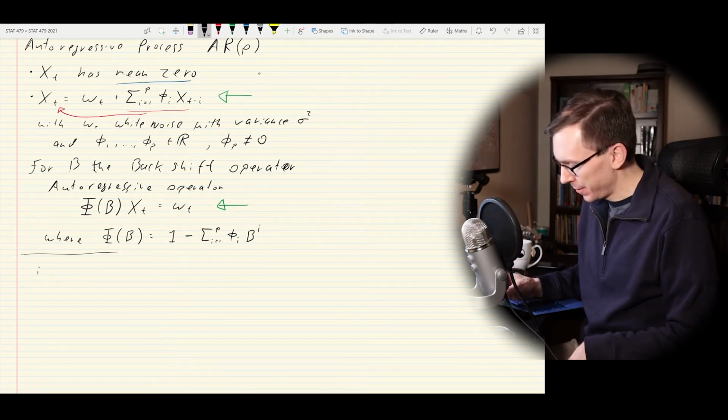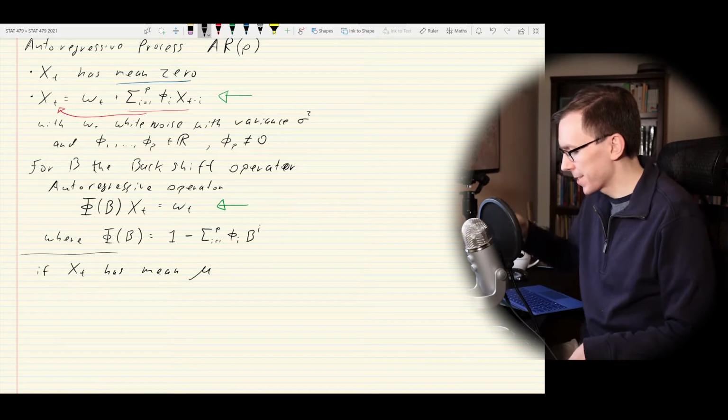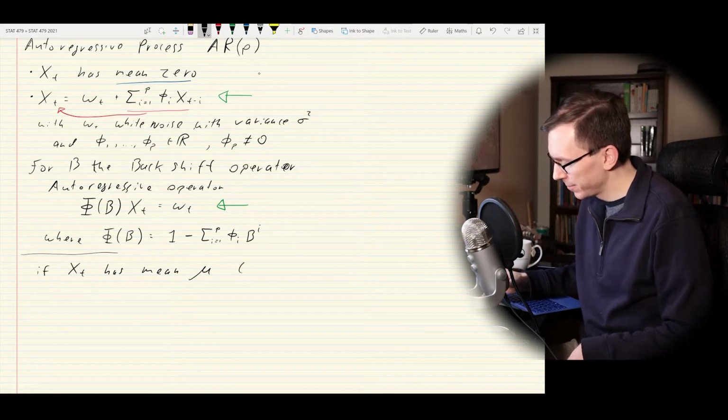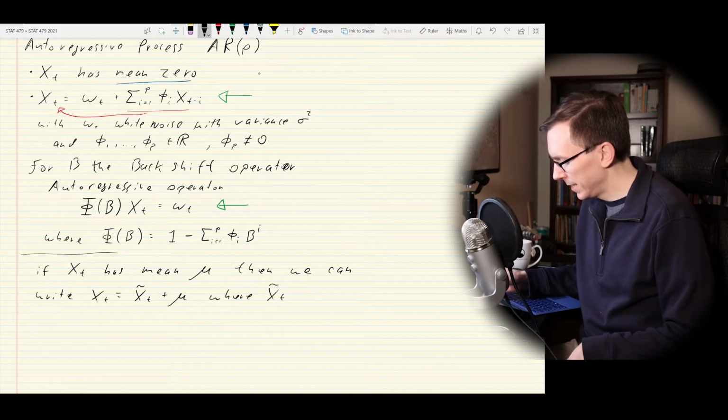Let's say if xt has mean mu, whatever mu is, just some number, then we can write xt as x tilde t plus mu, where x tilde t is mean 0.